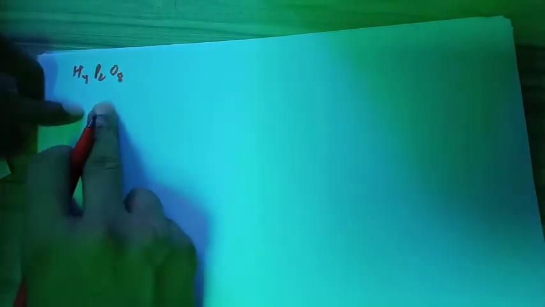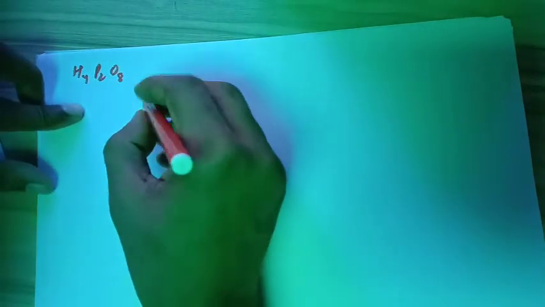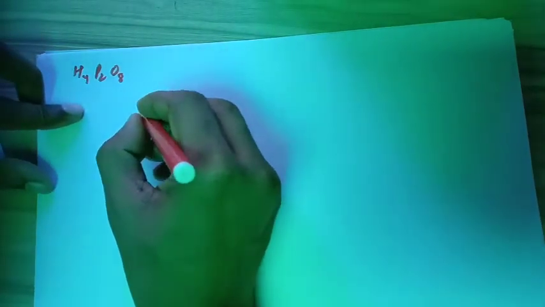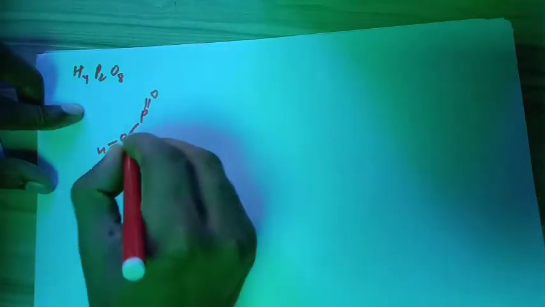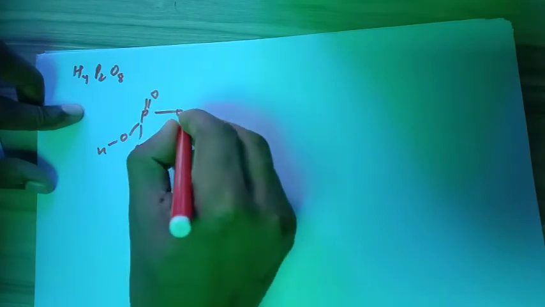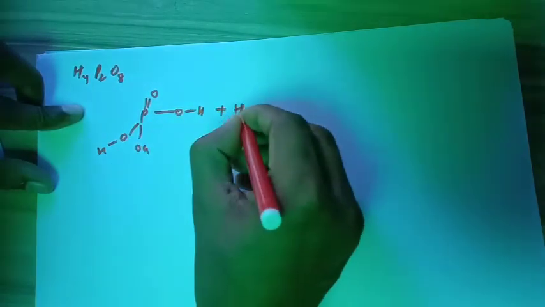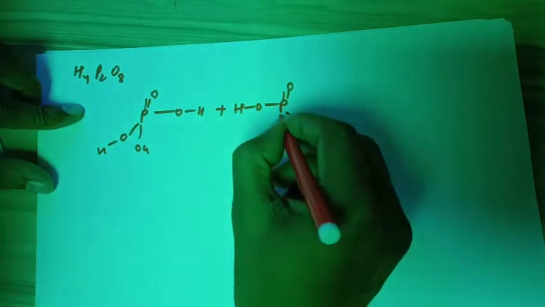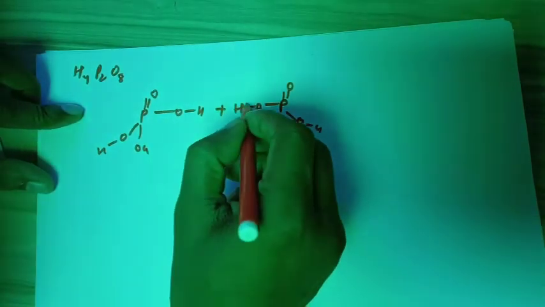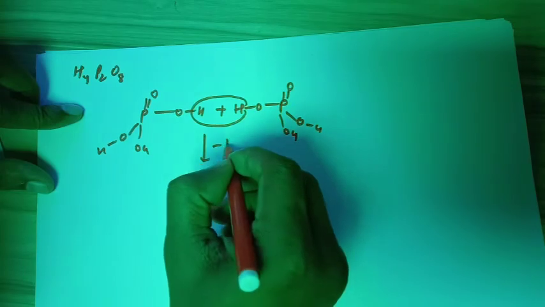Now another acid can be drawn, which will be H4P2O8. Now we have to draw this structure. We'll be taking the same compound as P double bond O, OH, OH. Take OH over here, then the same compound over here, OH, OH, OH. And we'll be taking out minus H2.